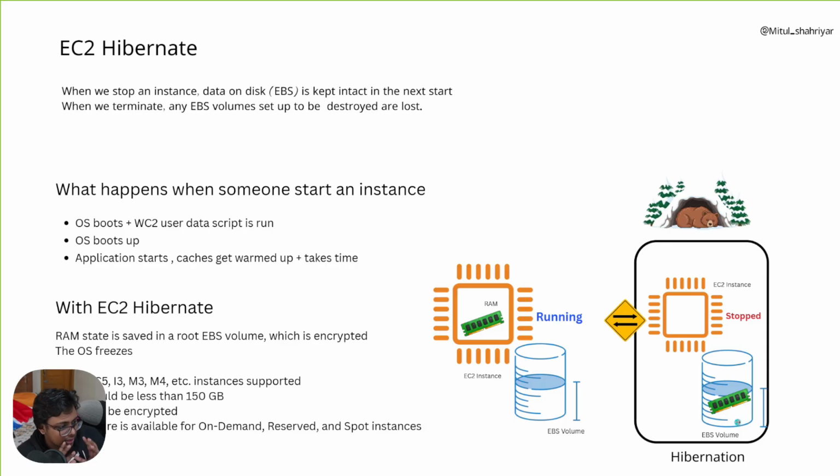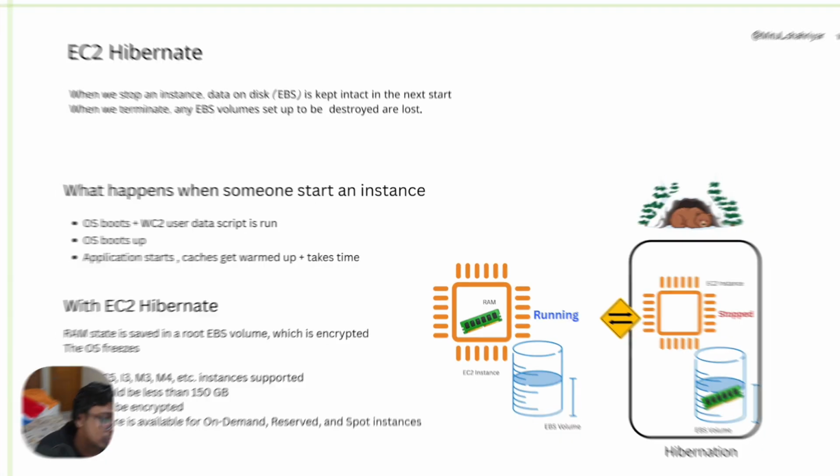That means the RAM state is saved in the EBS volume. Then the EC2 instance stops. From this stopping state, if we want to start from the hibernation state, the vice versa happens. The RAM state is restored to the EC2 instance, and the RAM is up and running. Great. So this is how hibernation works as a whole.